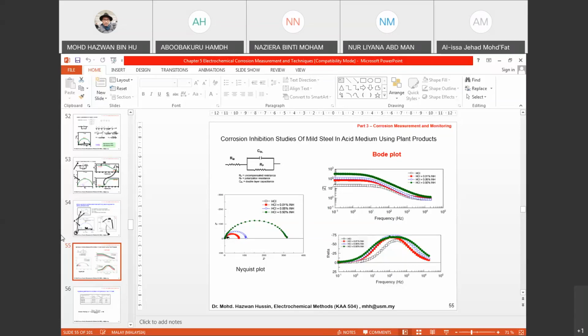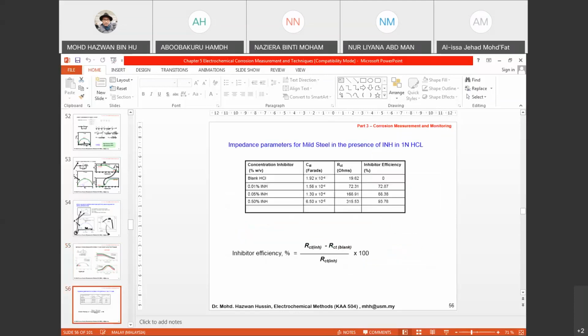If the plate is not really flat, then when you polish it, some parts can be more exposed, the other parts will not be exposed. That is the reason why we choose the CPE Randles circuit.